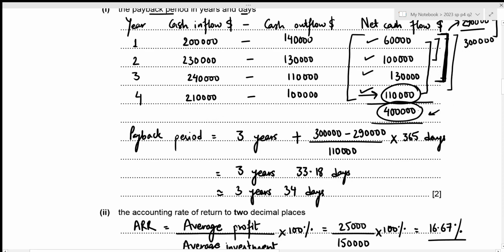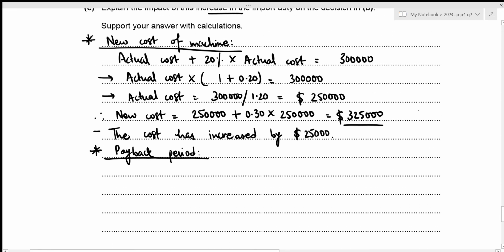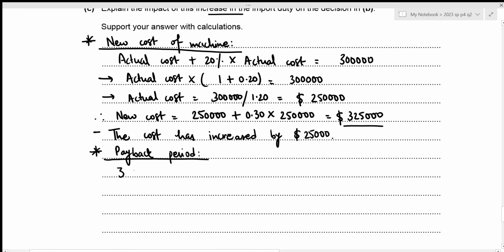Now we can easily figure out the payback period. That is just going to be 3 years plus our total investment of 325,000 minus the investment that we got from the 3 years, which is 290,000, and from the fourth year, we will be getting back 110,000. And since we need to figure out the payback period in days, I'm just going to multiply it with 365 days.